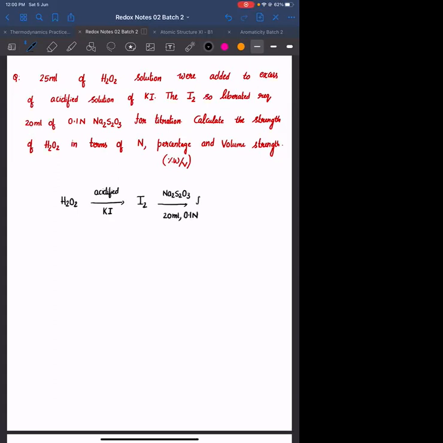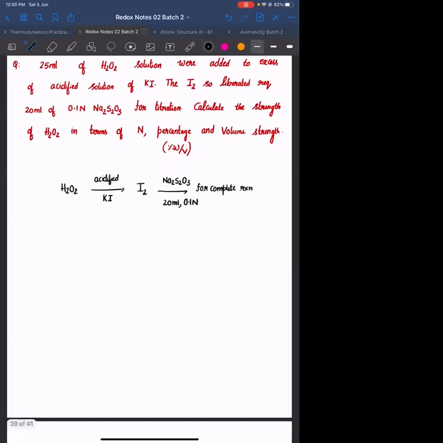This is for complete reaction. According to the equivalence concept, can I say the equivalents of H2O2 must be equal to equivalents of I2 liberated? Agreed?